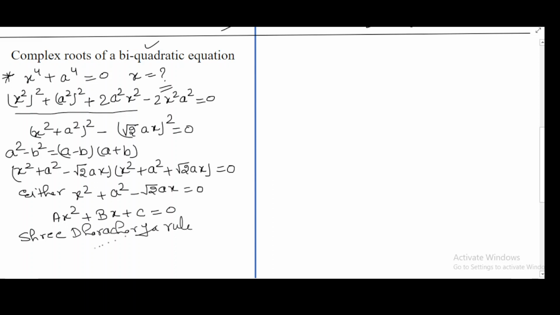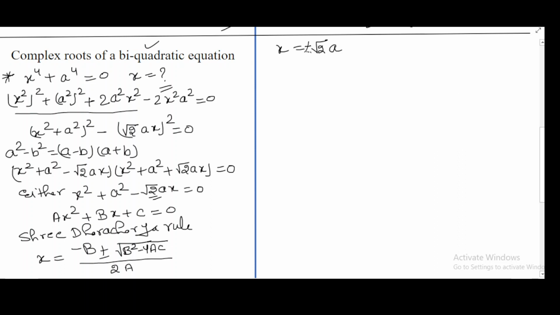The Sridharacharya rule says the value of x will be equal to minus b plus minus under root b square minus 4ac upon 2a. So here the value of b is minus under root 2a.